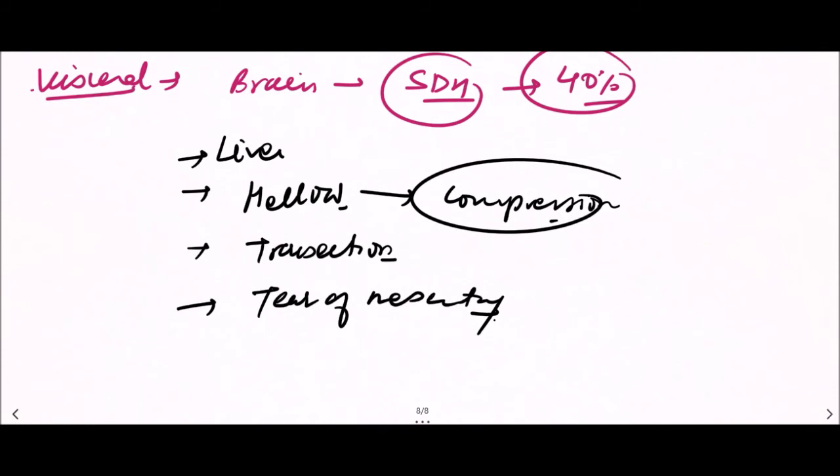Now how to diagnose battered baby syndrome? So far we have discussed the clinical features, the epidemiological features, the history, then the various examinations, external as well as internal. Now how to basically diagnose battered baby syndrome? So diagnosis in living. The time taken to seek advice is more.